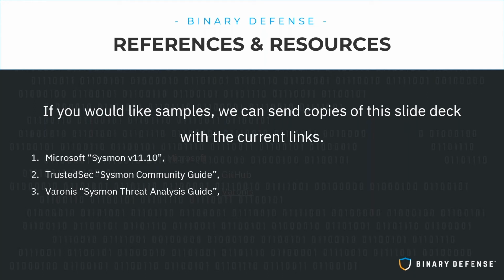Specifically, event ID 9 is more rare than event ID 10, but event ID 9 comes with a couple of hindrances when it comes to performance overall. There's going to be a blog, I can't remember who it was from, but someone's attempting to write a blog on how to really get the most performance out of Sysmon. And if that's ever the case, I'm sure I'll retweet it or something like that.